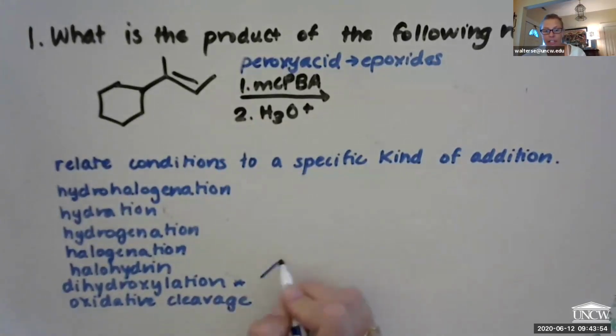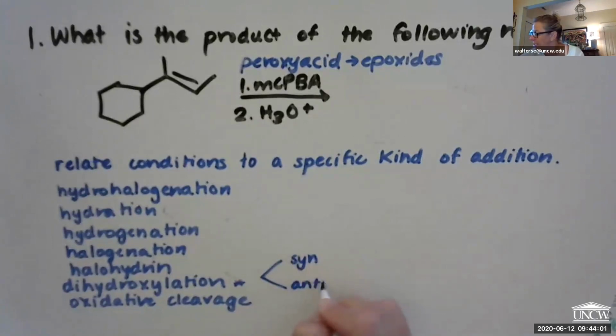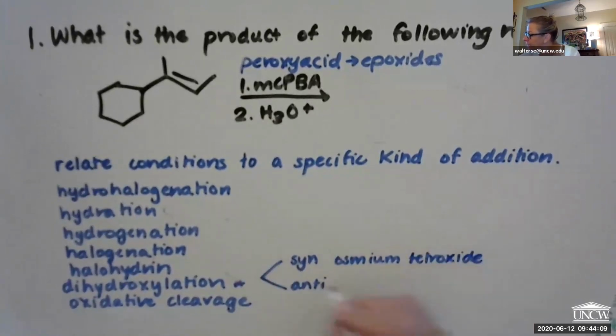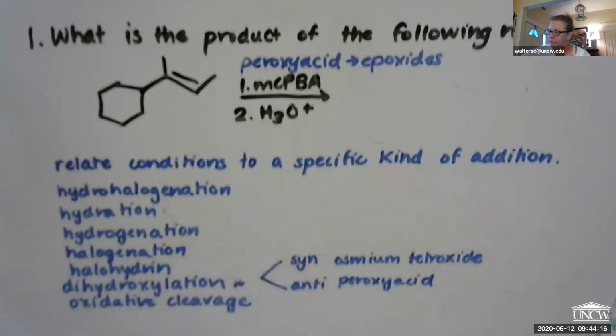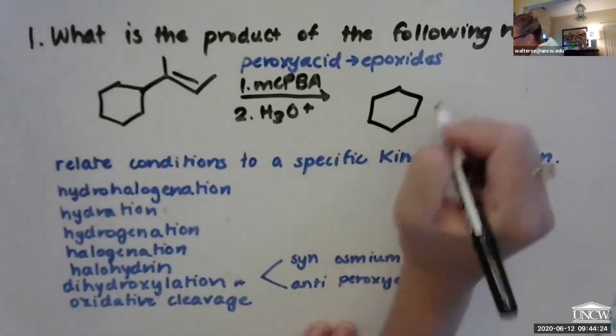Dihydroxylation reactions have syn addition and anti-addition. Syn uses the osmium tetroxide. Anti uses the peroxy acid. Now, in this case, it's difficult to show the anti-addition because the pi bond isn't in the ring.